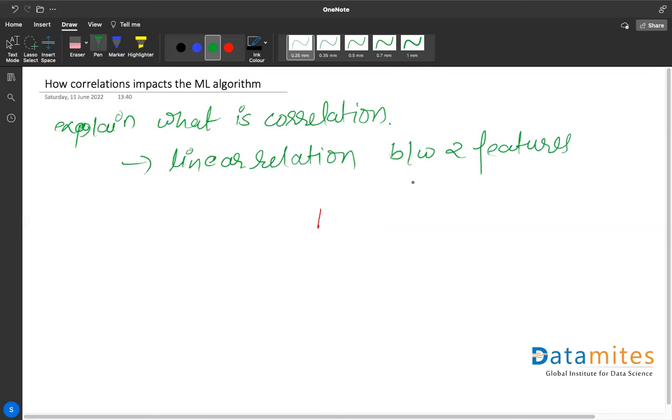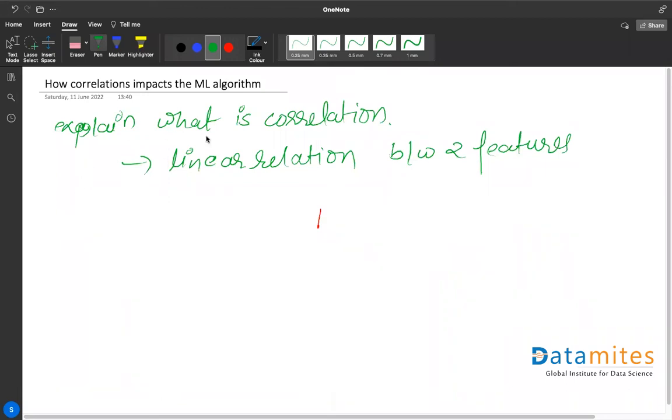Now, what is a linear relationship? If the quantity of one feature is increasing or decreasing with respect to the other, that kind of relationship is known as a linear relationship.